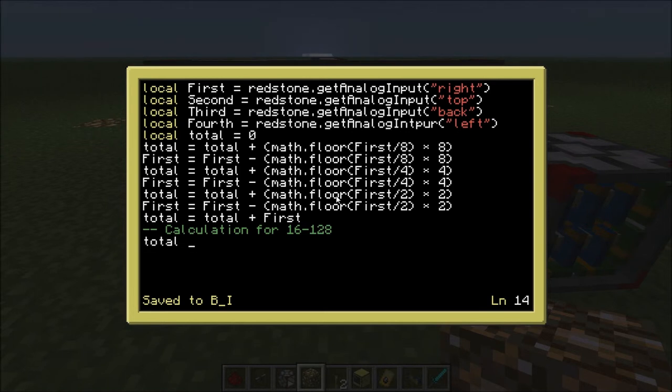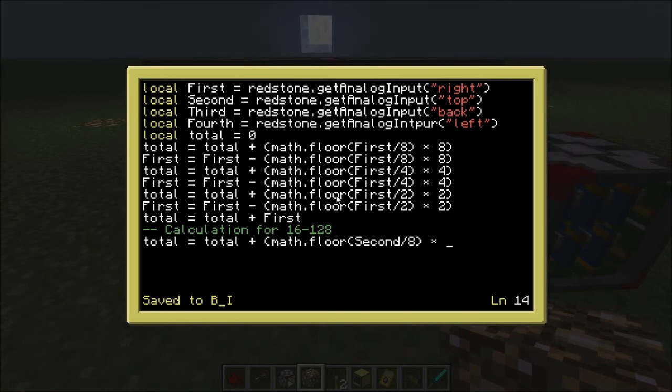So the first line for the second number is we do the same thing, math.floor. This time we're doing second divided by 8, times by 128. Now that's different. And that's because what we did on the first number is, if we had our 16-digit binary number, we were adding the far right.